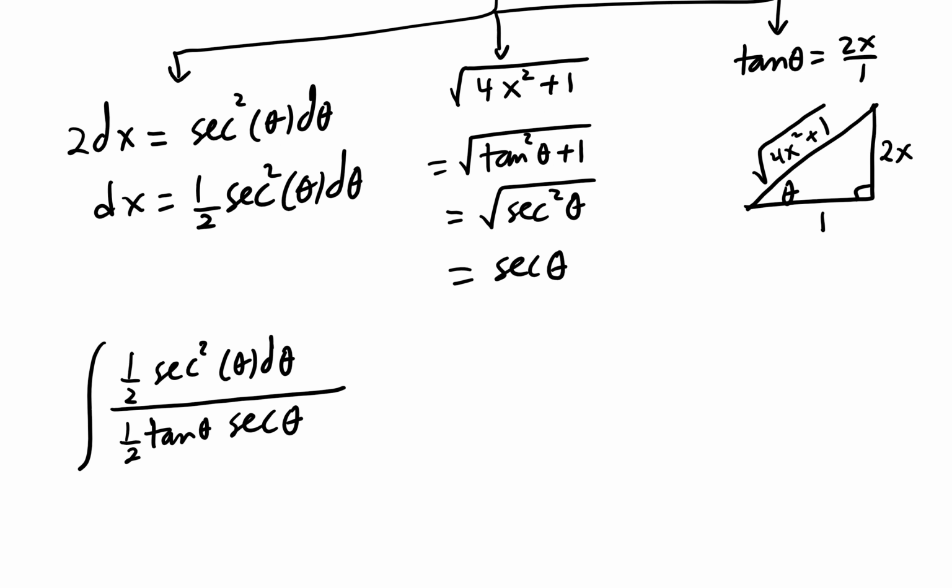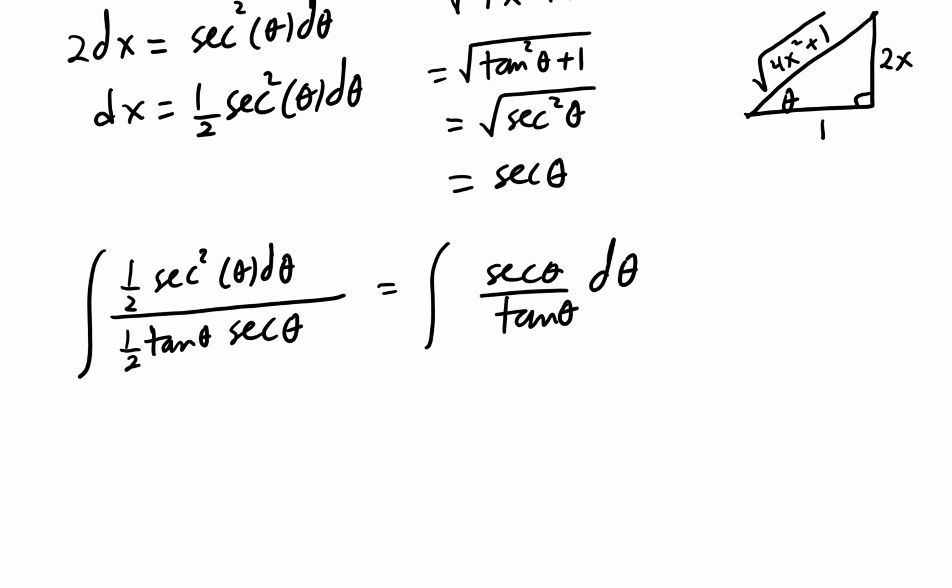Notice how the 1/2 cancel and the secant cancel, and that will give us secant theta over tan theta d theta. So if I want to integrate this, u sub doesn't work.